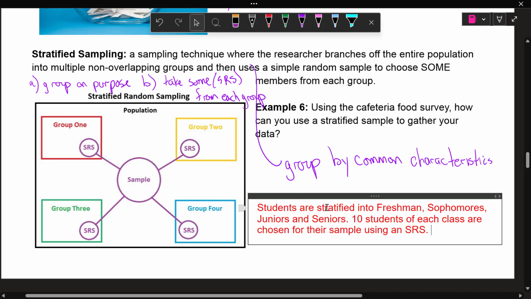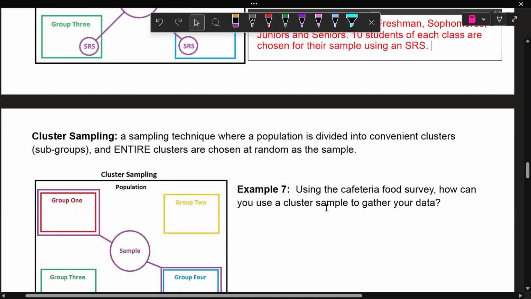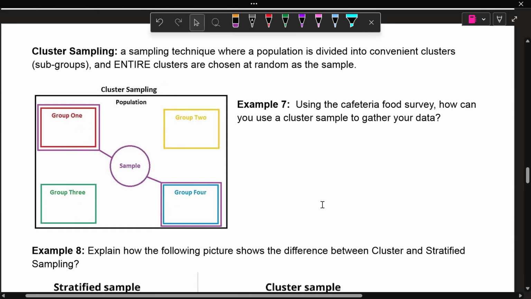That's stratified sampling. Now, cluster sampling, a little bit different. We take a population divided into convenient clusters. Really kind of random groups, wherever they're around, whatever's easiest. And then entire clusters or entire groups are chosen at random.